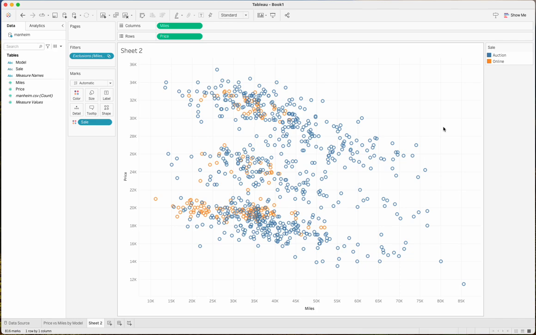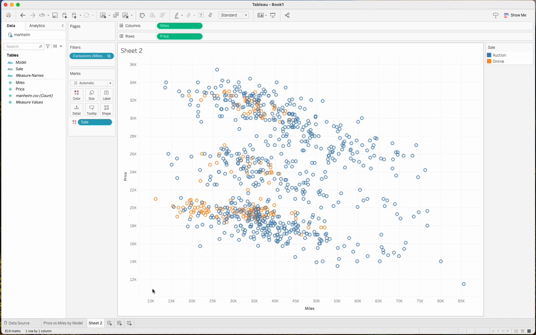But another thing to notice is that the blue observations are clustered when you're looking at mileage below 40K. Most of the yellow observations are below 40, 45K. So cars that are sold online typically sell when their mileage is less than around 45K.